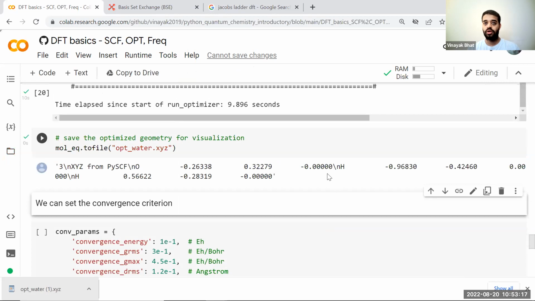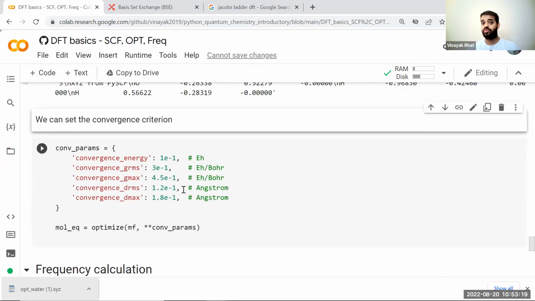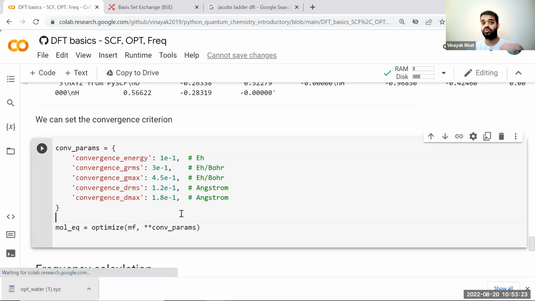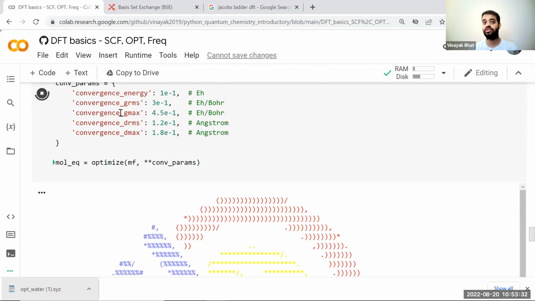And you can set convergence parameters, how quickly you want the energy change to be converged and all of that. I would recommend you look at the manual for any software, any electronic structure package you're using, and see how they are converging.